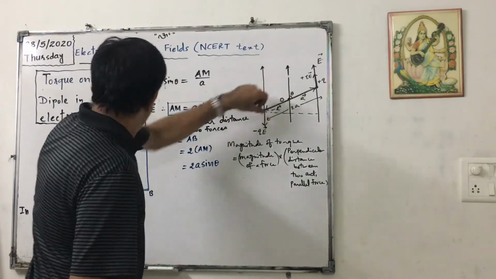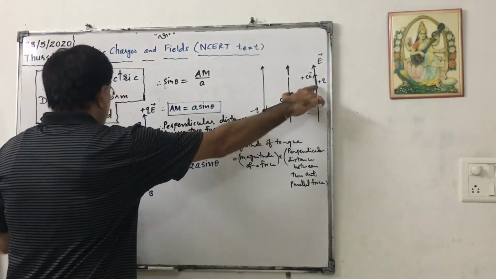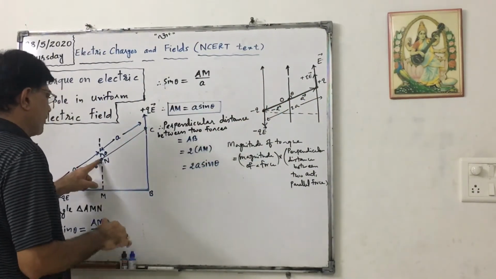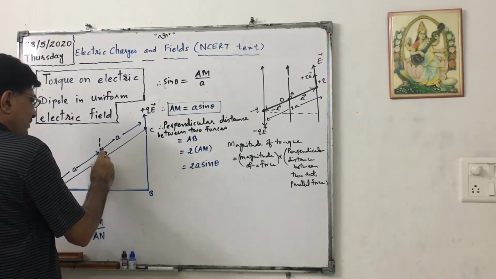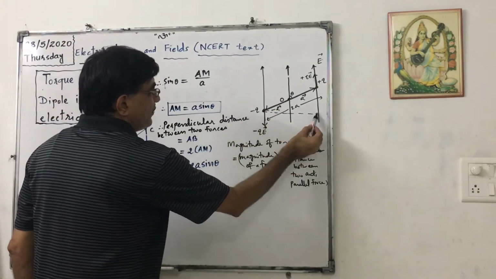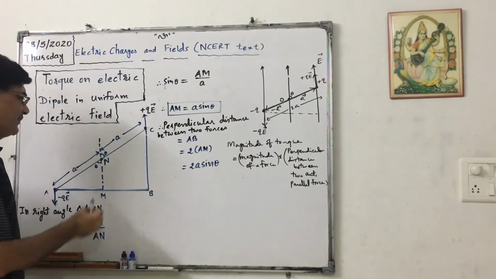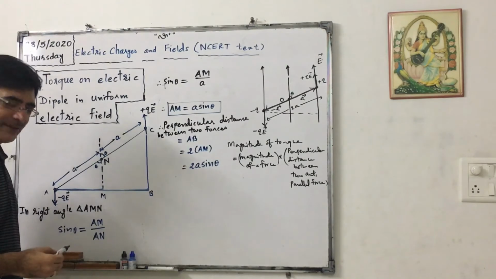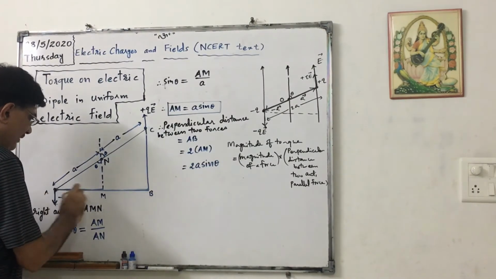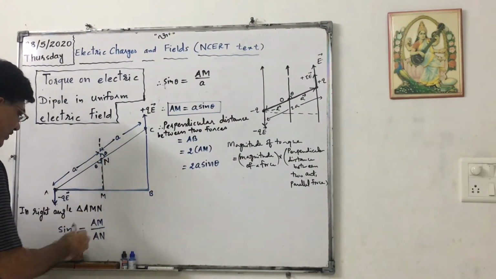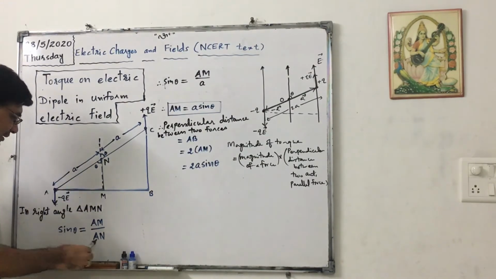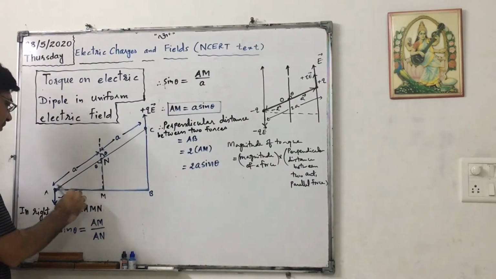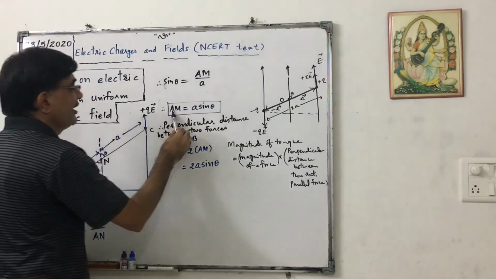Say this as A, this as C, this midpoint is O. That I will consider here as N. This point is considered as B. If this angle is theta, this angle also will be theta. Now in right angle triangle AMN, sin theta will be equal to AM upon AN, therefore sin theta equals to AM upon a, because AN is a. So AM equals to a sin theta.